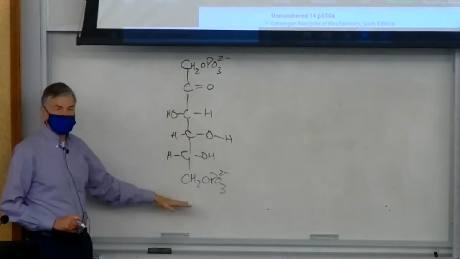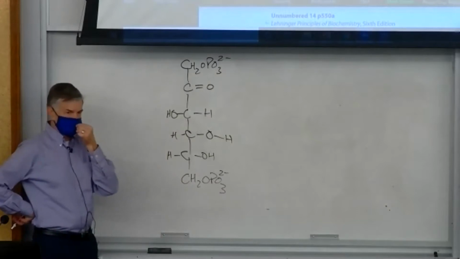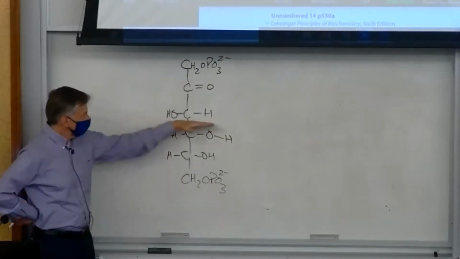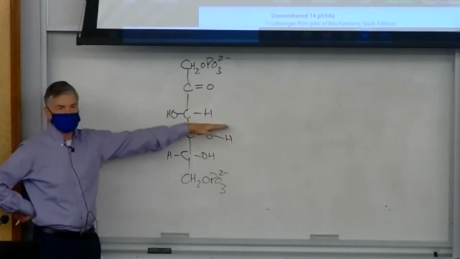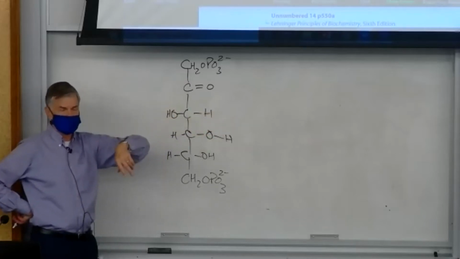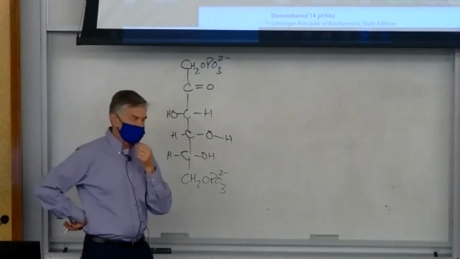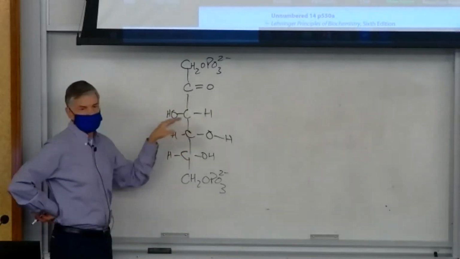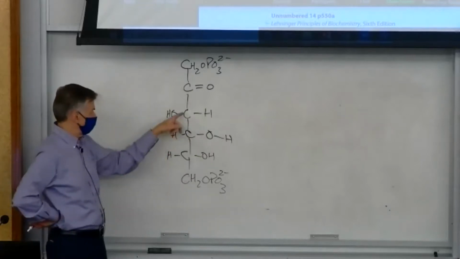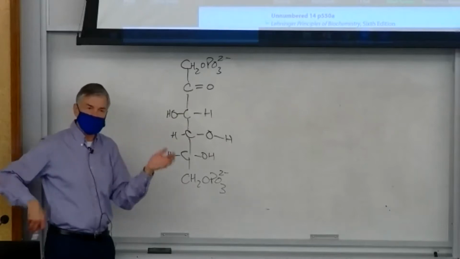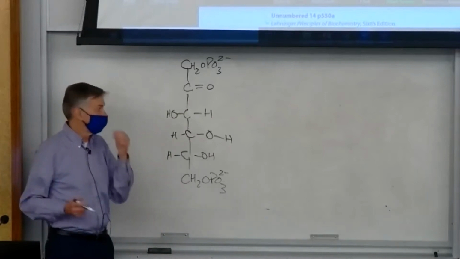The enzyme that's going to bind this and act on this is called aldolase. And the idea is we're going to cleave this into 2 3-carbon pieces. This enzyme, even though it's a reversible reaction, has the ability to form and break this bond between the 3rd and 4th carbon quite readily, depending on substrate and product concentration.